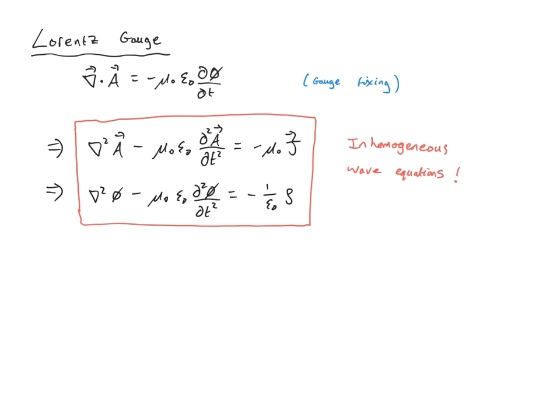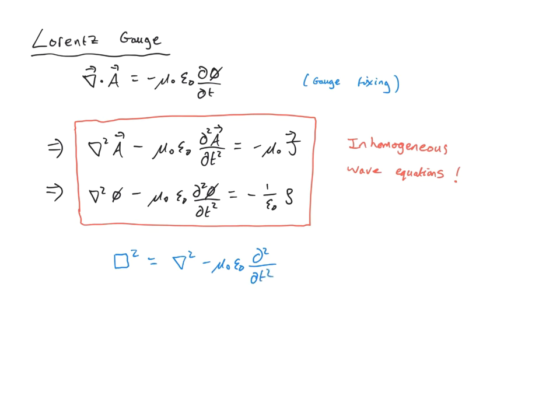Often these equations are presented in a slightly simplified fashion by introducing the so-called D'Alembertian, which is this box squared symbol, not very visually appealing, but it's equal to the Laplacian minus mu naught epsilon naught d squared by dt squared.